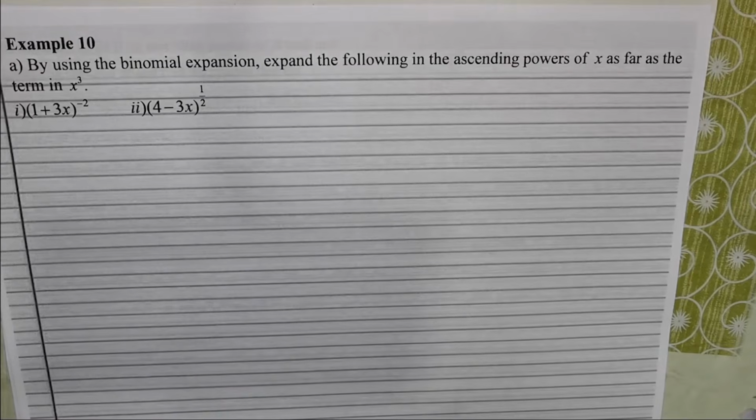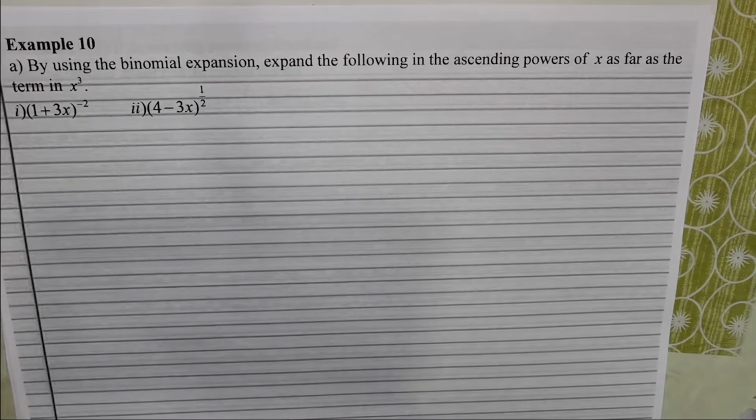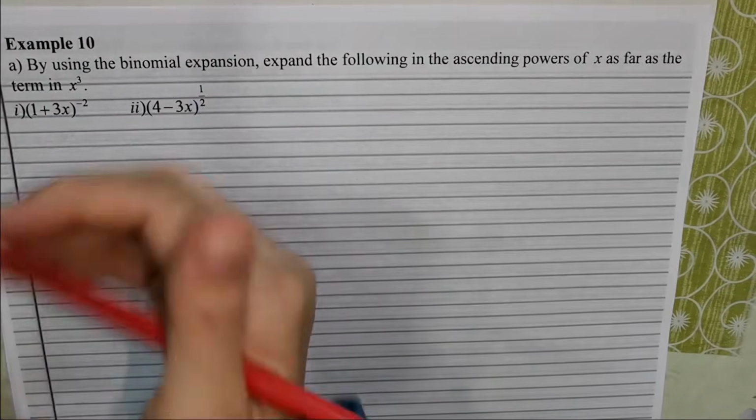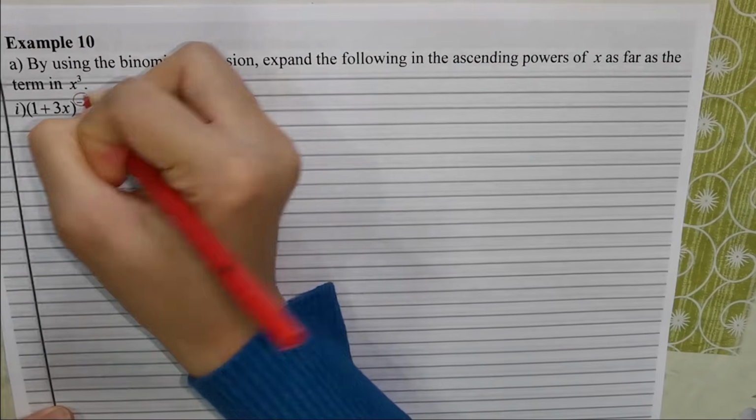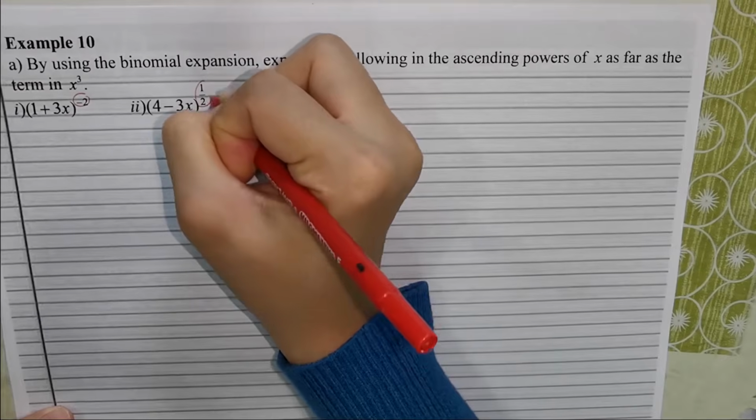The first thing we have to be very careful about is the exponent of the binomial here.